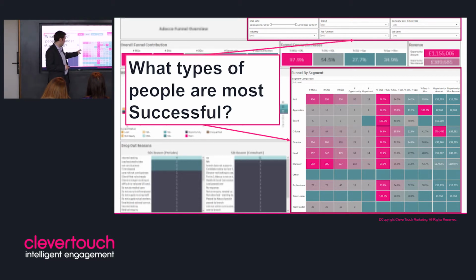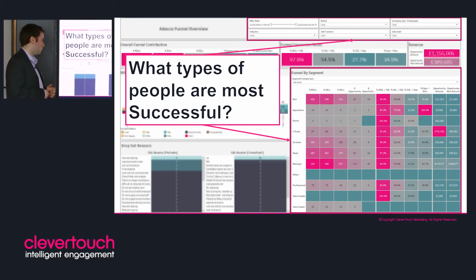So C-suite, we're seeing quite a lot of revenue and good conversion through the funnel for those people. But the interesting point here is the revenue that converts into business is quite low. So the C-suite is looking quite valuable, but these people are only closing the smaller deals. So maybe something to look at there.